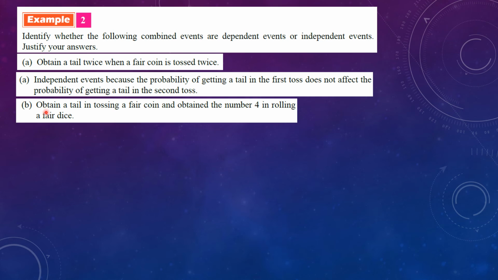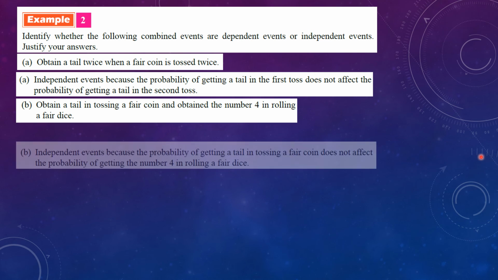Next, part B. Obtain a tail in tossing a fair coin and obtain the number 4 in rolling a fair dice. So the first one, we want a tail in tossing a fair coin. Then the second one is the number 4.